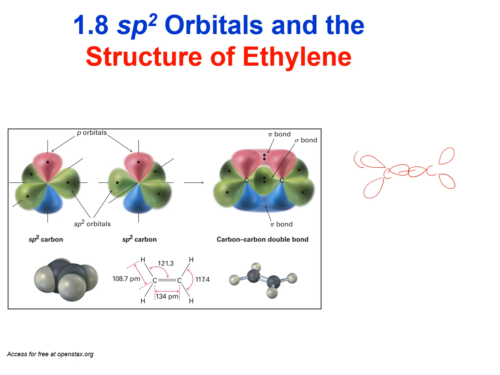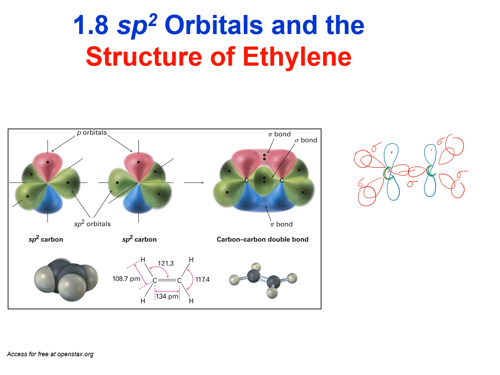Then these overlap with hydrogen atoms to form sigma bonds, and these overlap with each other to form another sigma bond. Okay, so we have sigma, sigma, sigma, sigma, and sigma. Let me draw this carbon as green. So this is a carbon atom, this is a carbon atom. And we have the unhybridized p orbital sitting here on each of the carbon atoms, and they also have 1 electron.